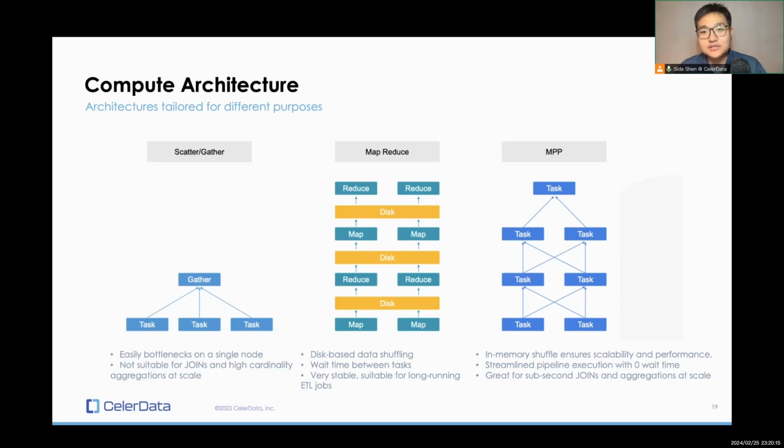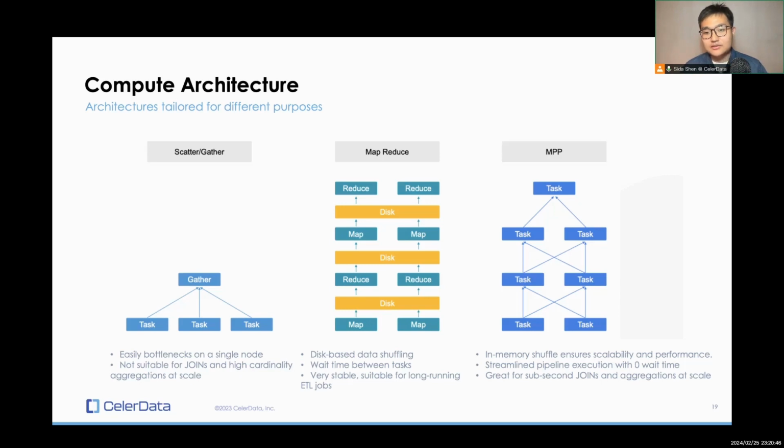The second architecture is MapReduce. A lot of us have heard of this, I'm sure. MapReduce has a data shuffling service, so you can shuffle the data during query execution. This does not have the single-node bottleneck problem that scatter-gather has. But MapReduce was developed for long-running ETL jobs, so stability is a big concern.